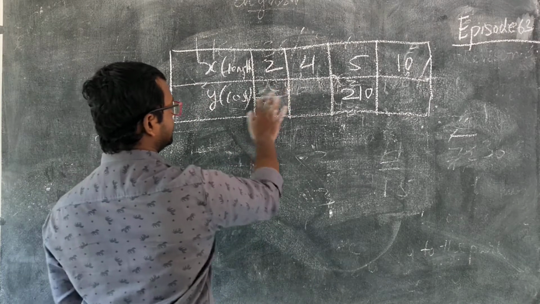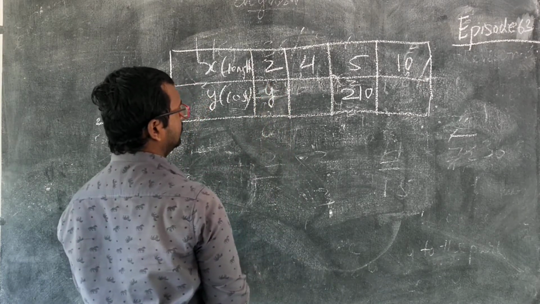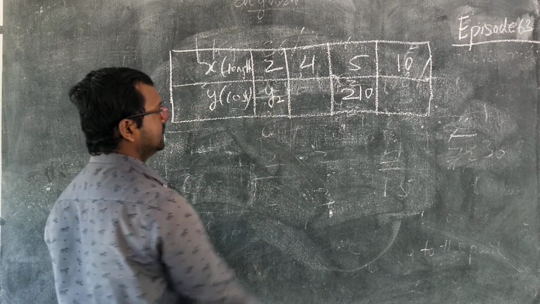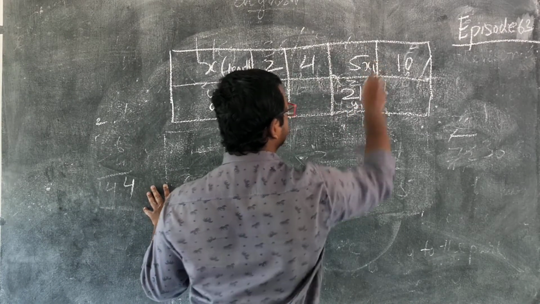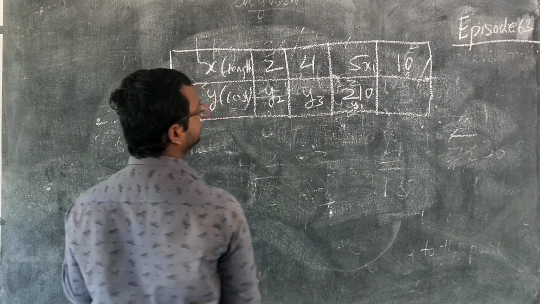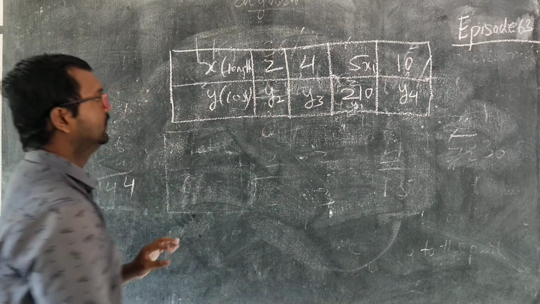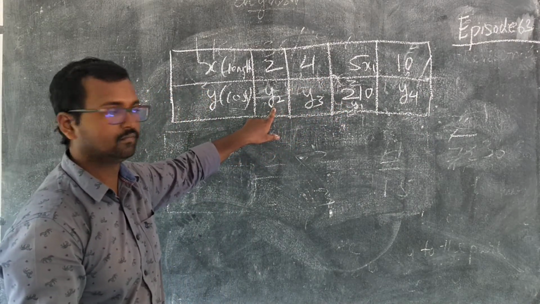Now let us call this y2. Okay, this is our y1. Consider this as y1 and consider this as x1. So this is y2, this is our y3, this is our y4. Now, using x1 and y1, we have to find y2. How?